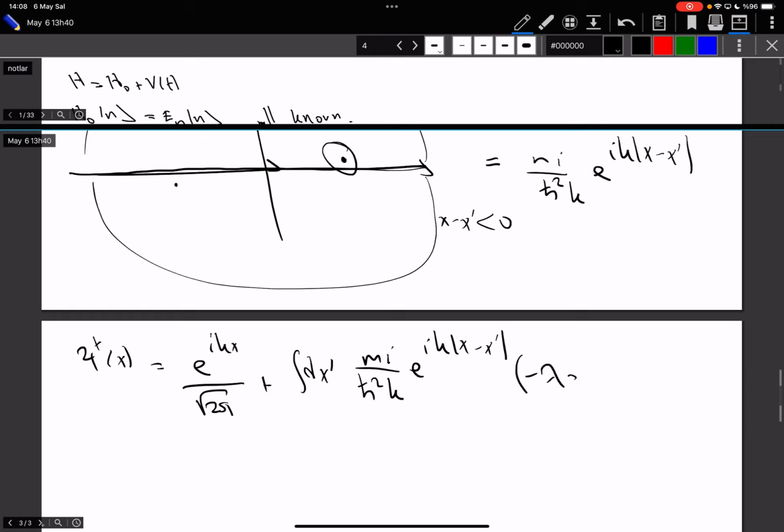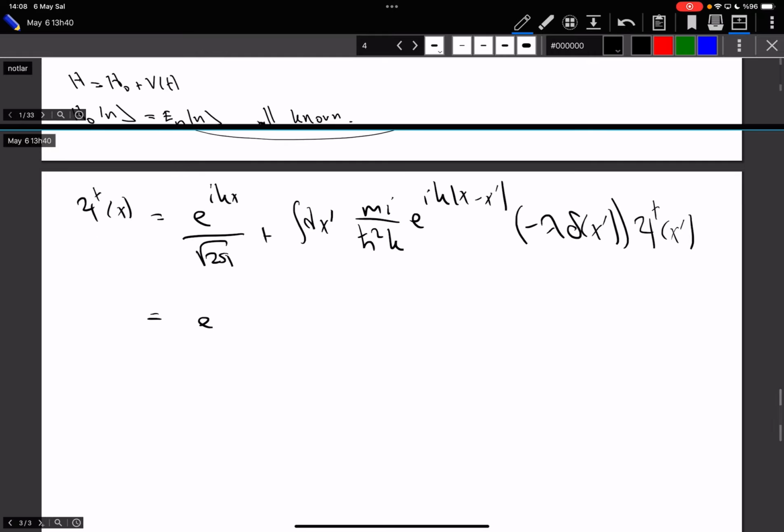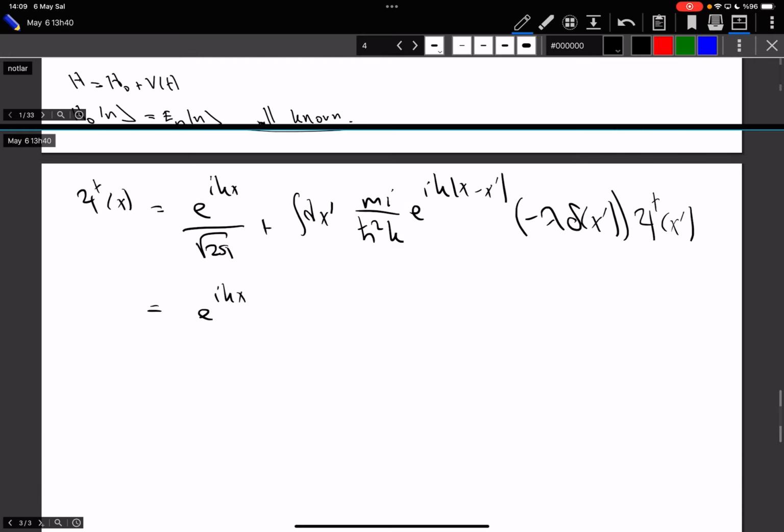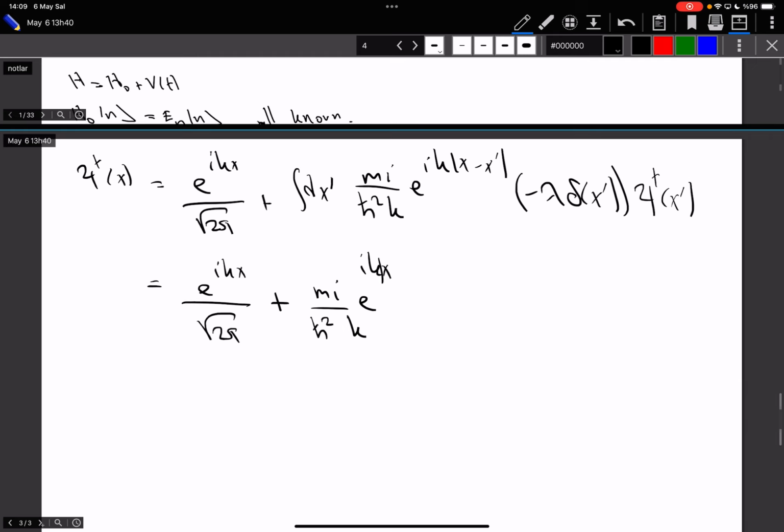My potential is minus lambda Dirac delta x prime, psi plus of x prime, which becomes e to power ikx divided by square root of 2 pi minus or plus mi over h bar squared k, e to power ik|x|, minus lambda psi plus of 0. Which, by the way, has this form.